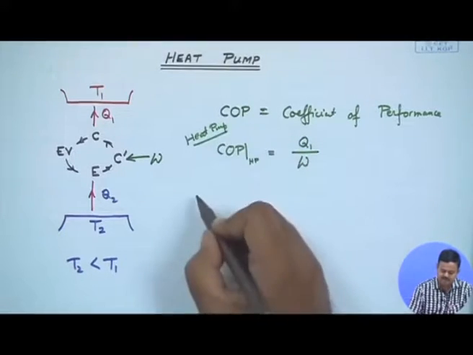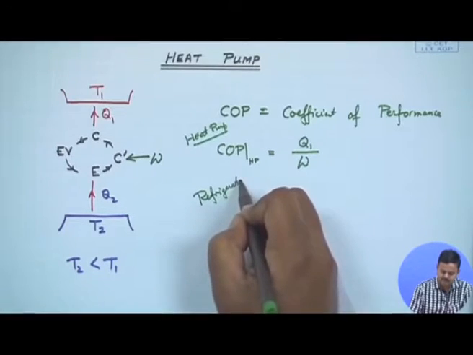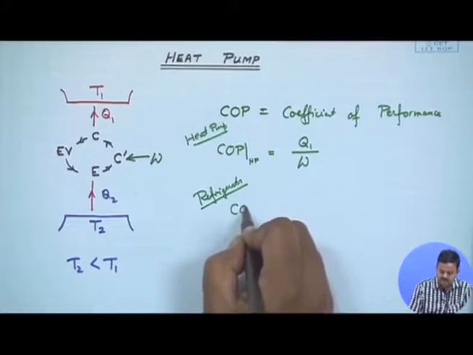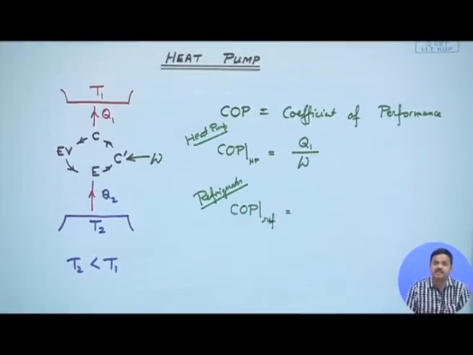So, for a heat pump, this is the definition. For a refrigerator, which has the same components and works on the same principle, the desired effect is different. The desired effect is the amount of heat that I can extract from the cold temperature to maintain it at that lower temperature.